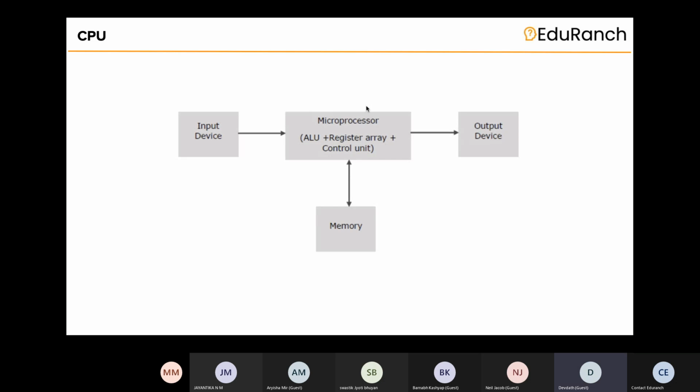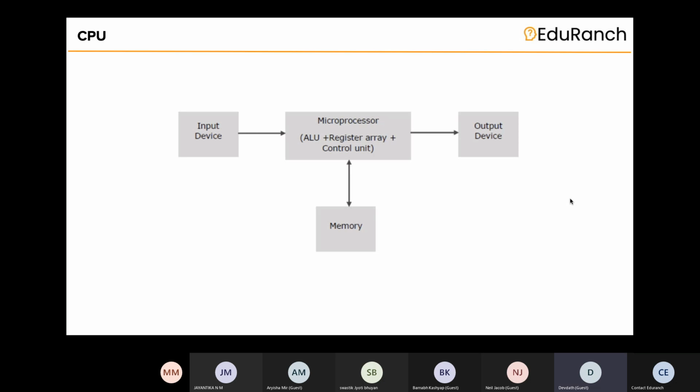Any guesses what it does? Sir, it processes the input we give.